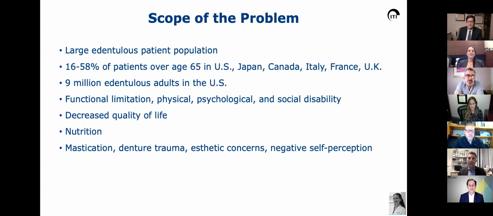They want their functional limitations, their physical attributes to come back, and they face psychological and social disability. So really these edentulous people have a decreased quality of life, wouldn't you say? I think that all of these things really bring about a negative self-perception. So we need to really address this whole scope of the problem.